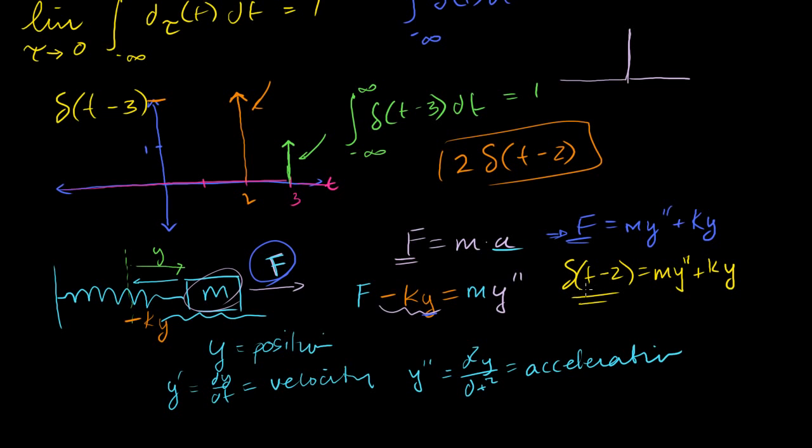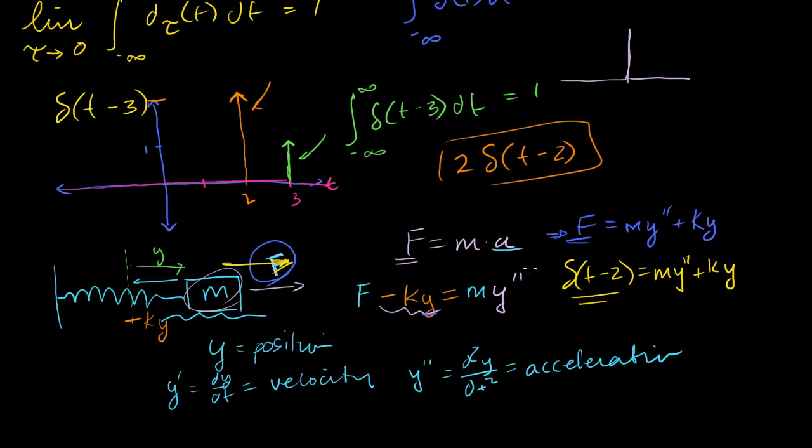This is saying that at time equal to 2 seconds, we're just going to jar this thing to the right. And I'll talk more about it, it's going to have an impulse of 1. I don't want to get too much into the physics here, but its impulse, or its change in momentum, is going to be of magnitude 1, depending on what our units are.